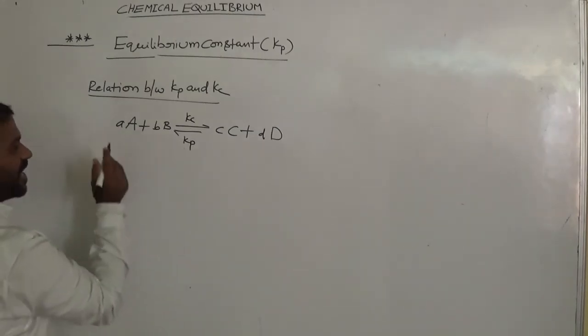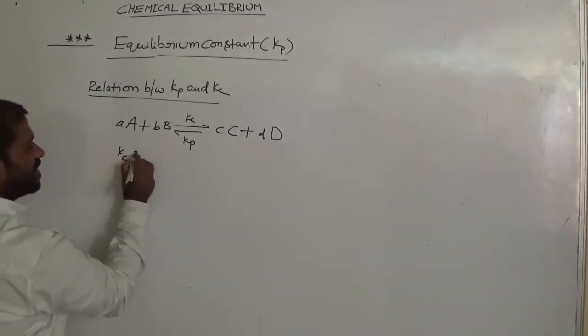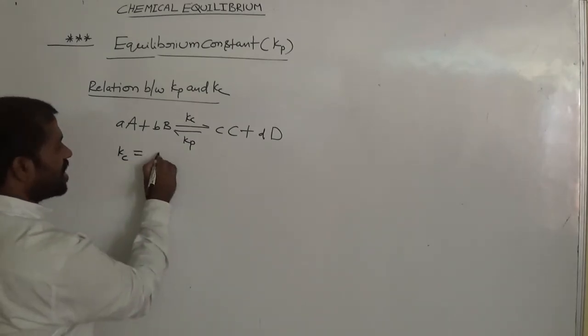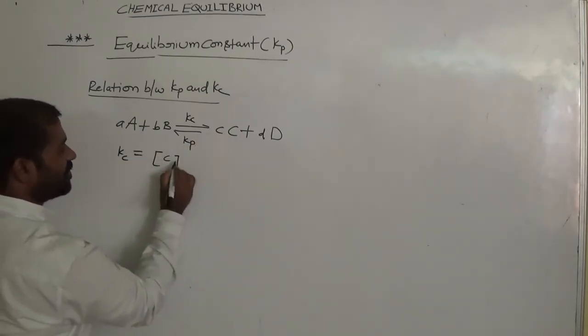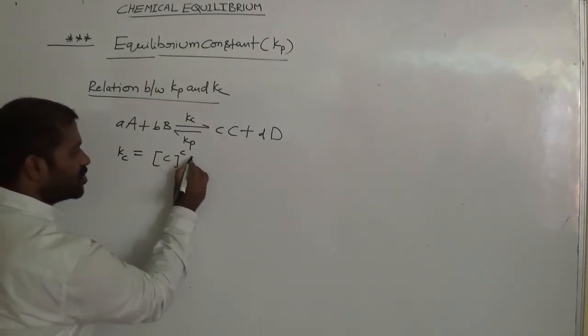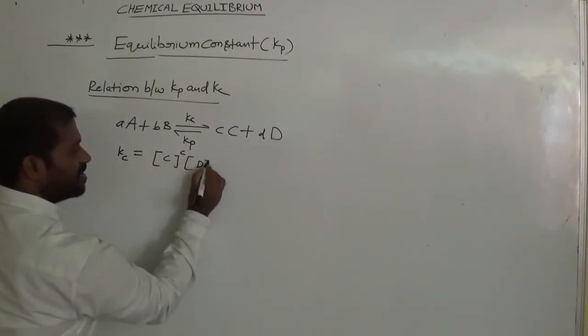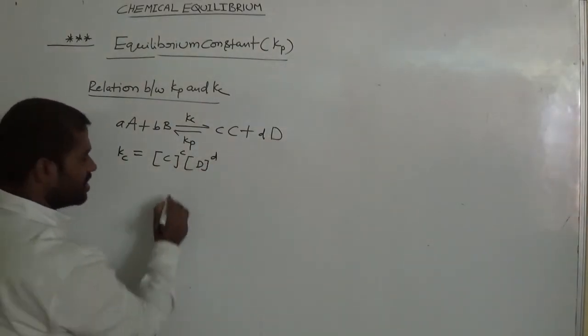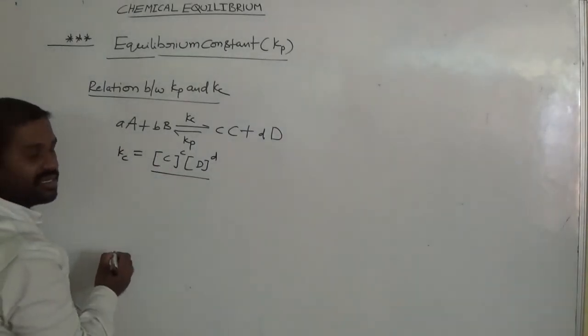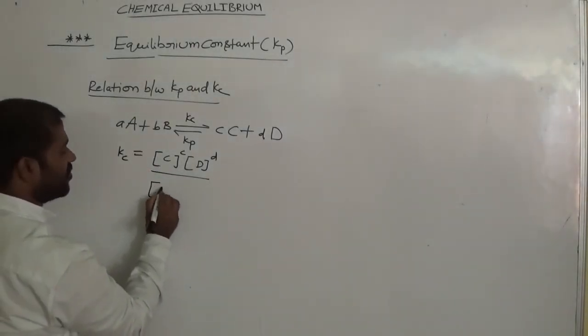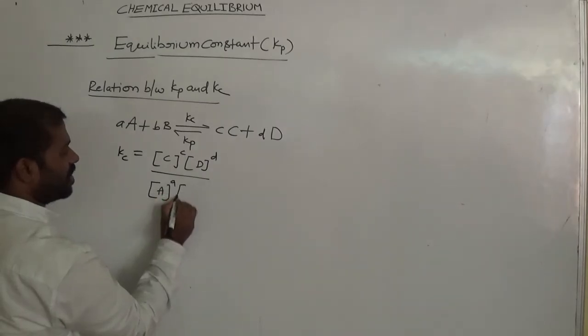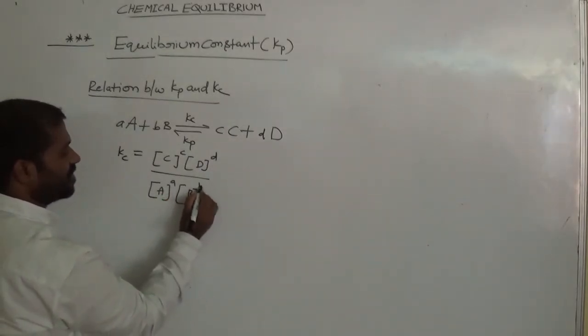Okay. So first write the Kc expression. Kc is equal to the molar concentration of C to the power c, into the molar concentration of D to the power d, am I right? Is it clear? So come to the reactant side: molar concentration of A to the power a, molar concentration of B to the power b.